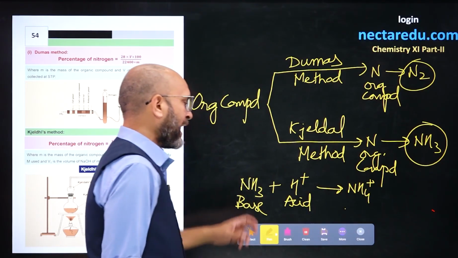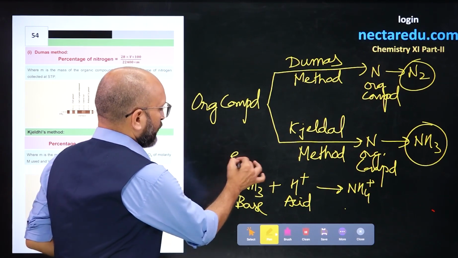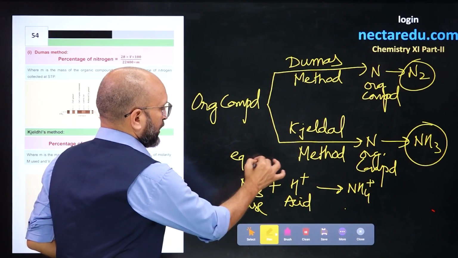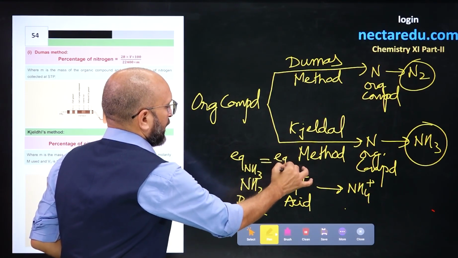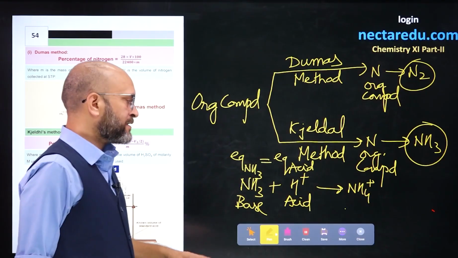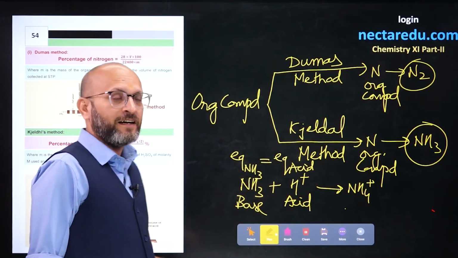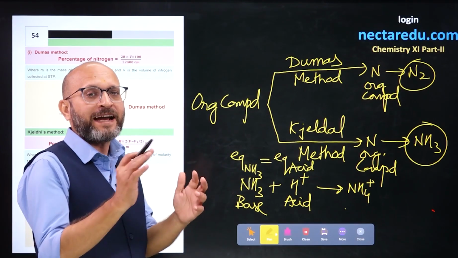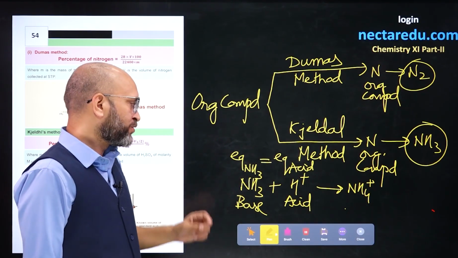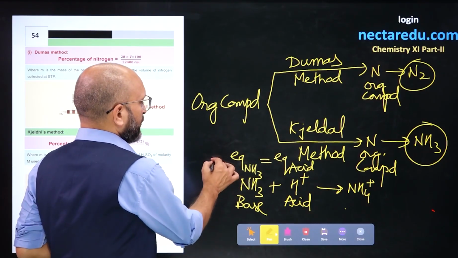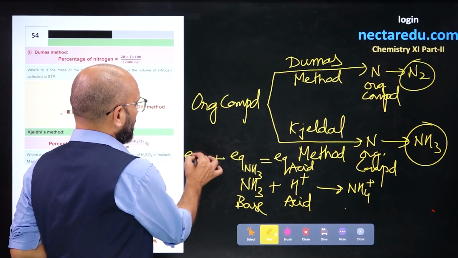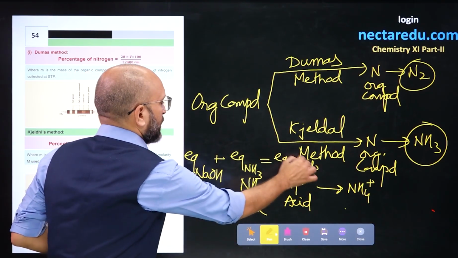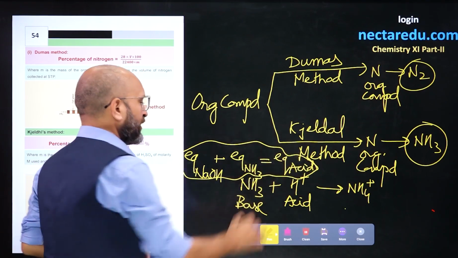And here the equivalence of NH3 should be equal to the equivalence of acid. Alright. What happens if acid is something extra? We add another base, that is NaOH. So back titration is done in this method. Basically the equivalence of acid will become equal to the equivalence of ammonia plus the equivalence of NaOH. So that is how we estimate the equivalence of ammonia.